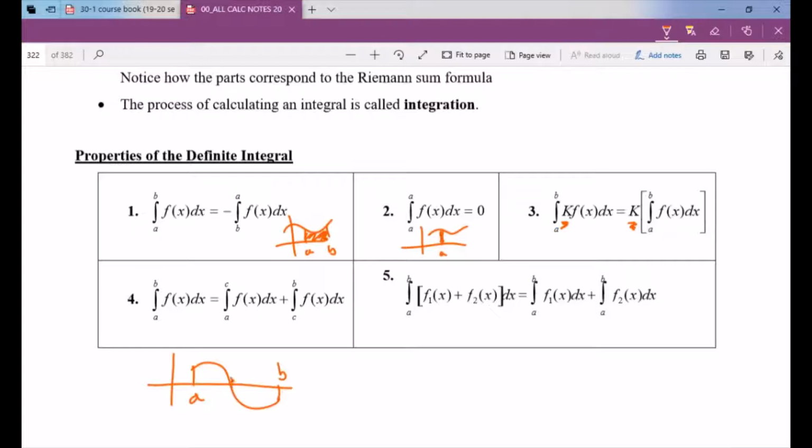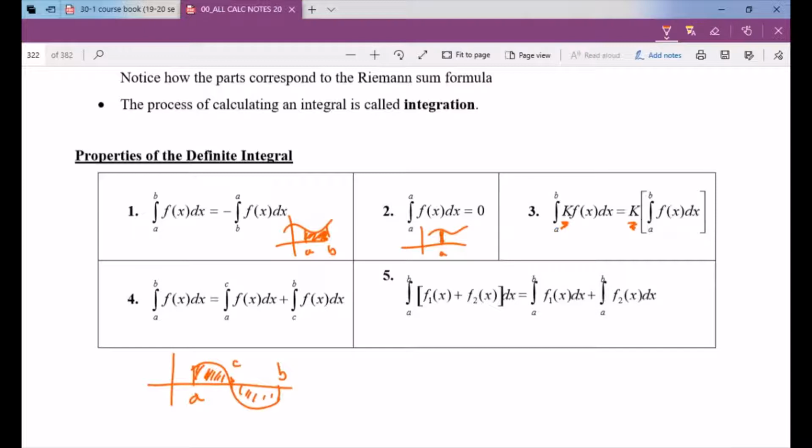So often what we will be doing is breaking it apart into pieces and finding our integral from a to c, and then we would subtract, flipping around, this negative area from c to b.